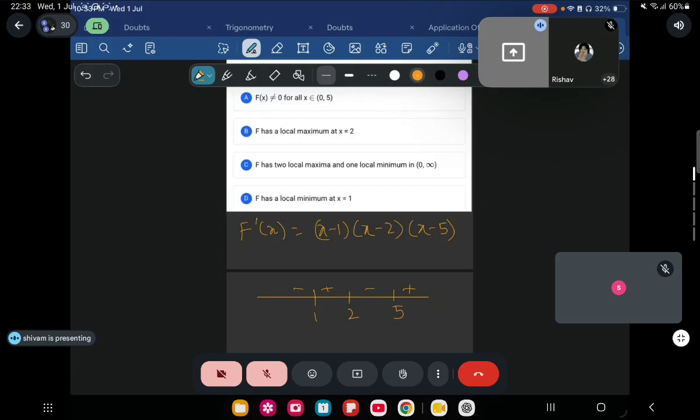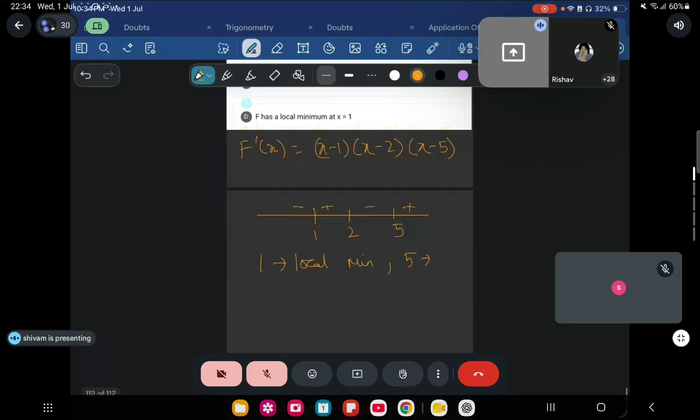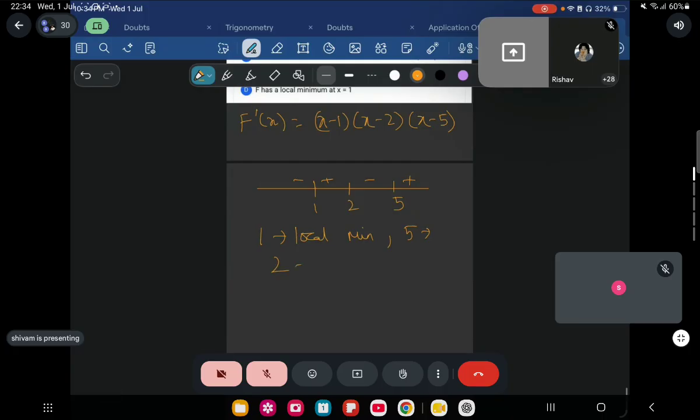So 1 is a point of local minima. 5 is also a point of local minima. 2 is a point of local maxima, the only one.